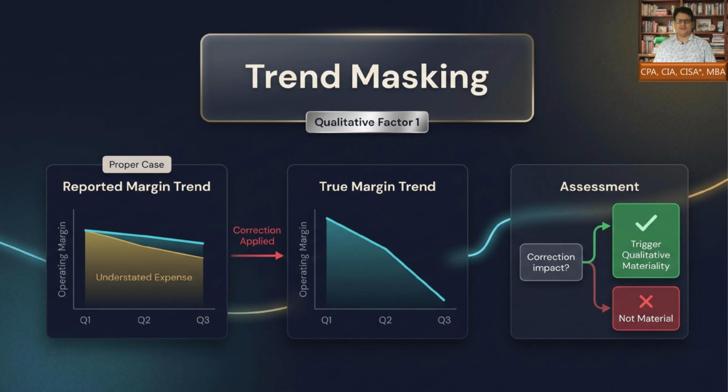The question is, would correcting this item change the direction, slope, or meaning of a key trend? If yes, qualitative materiality may be present. Students should watch carefully for exam questions where a small misstatement changes the story over several periods. Trend distortion is often the clue.